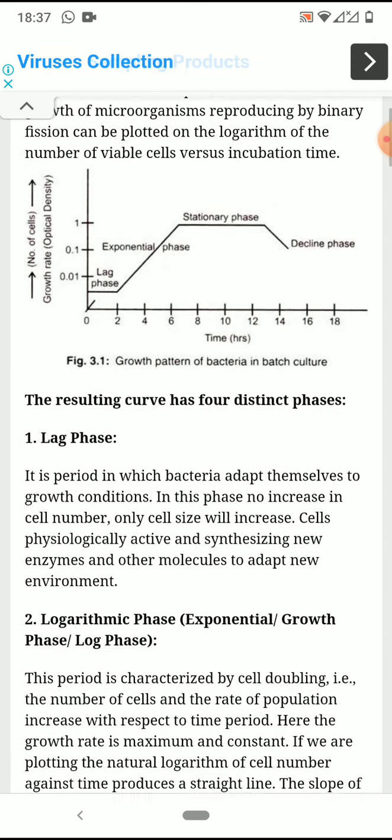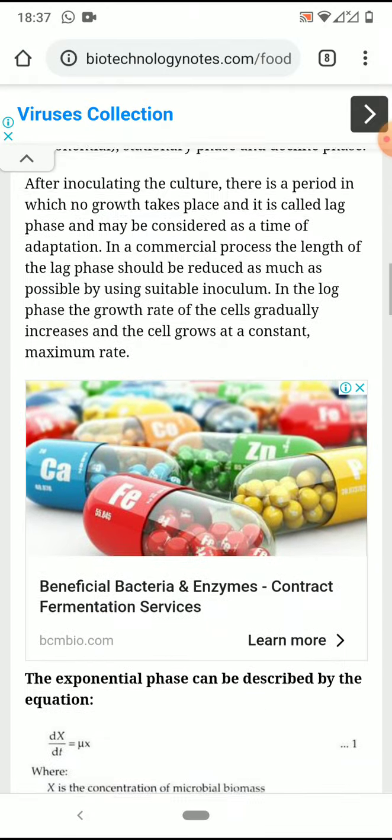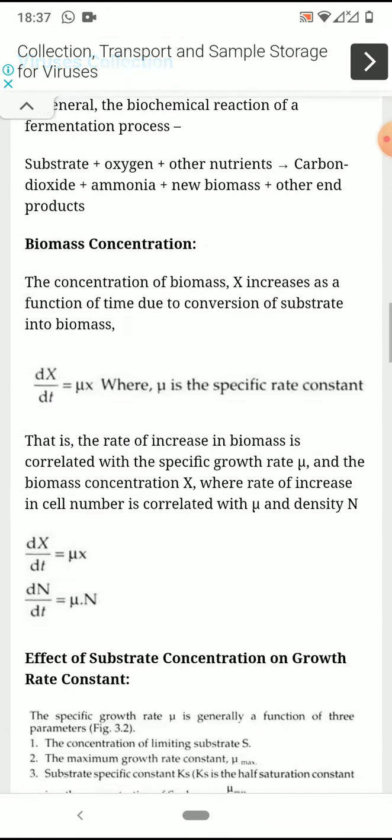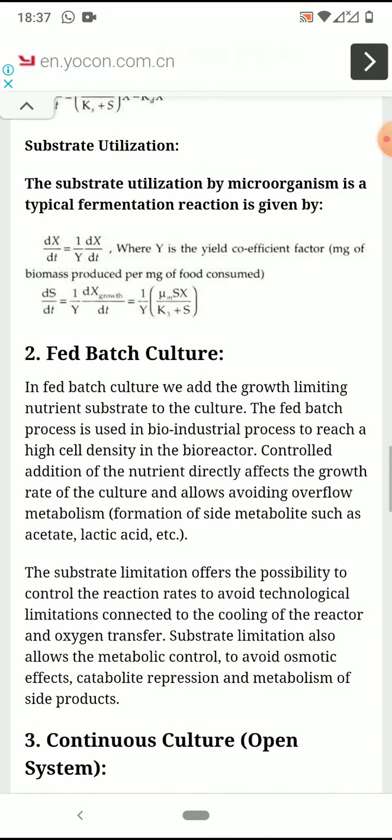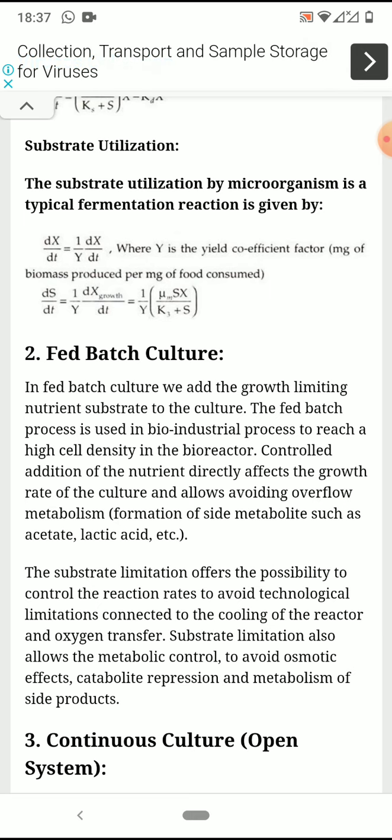So what is that in this fed batch culture? In the fed batch culture, you provide a particular nutrient which is required for the growth of the bacteria. That is called the growth limiting factor. You provide this nutrient to the bacteria in limiting amounts, that is, in small amounts.